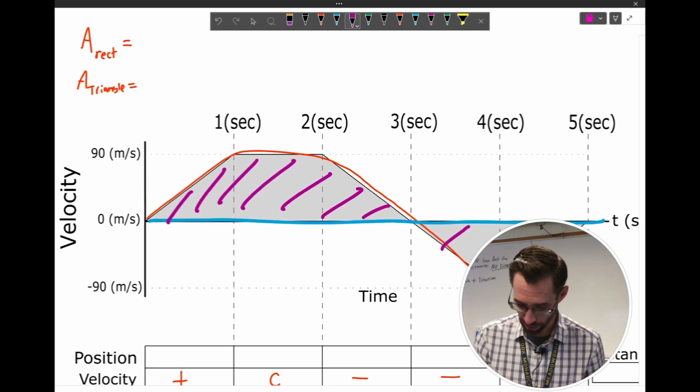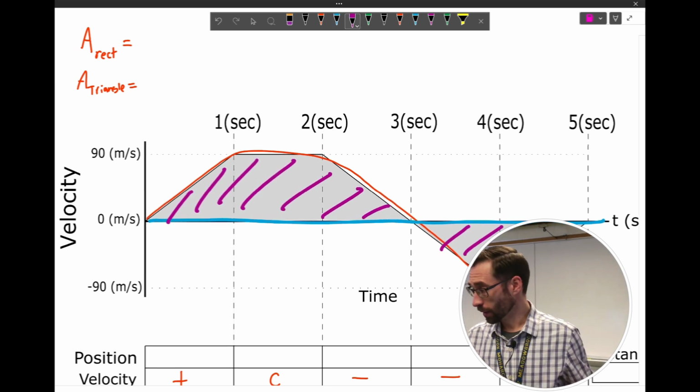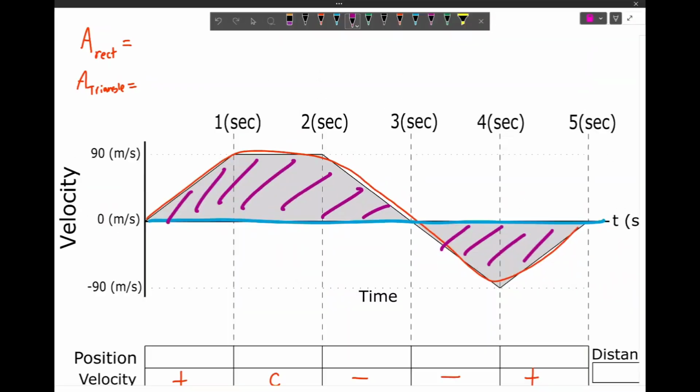So on y'all's paper, it might not be dark enough. So that's the area that we're looking at, okay? And I want to know, is it above or below the horizontal axis right here, this blue line? So this is above, above, above, below, below. Make sense?